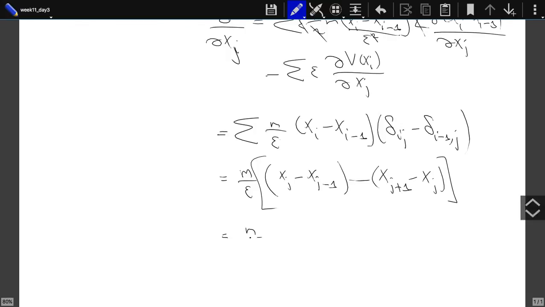And this would be equal to m over epsilon, divided by epsilon, multiplied by epsilon. So these epsilons will cancel.